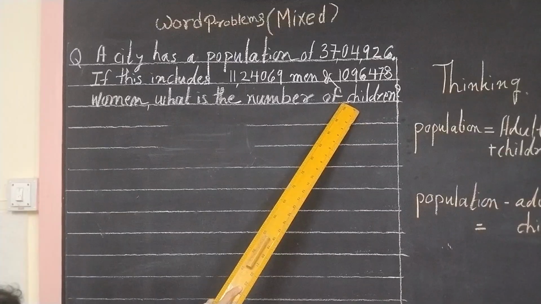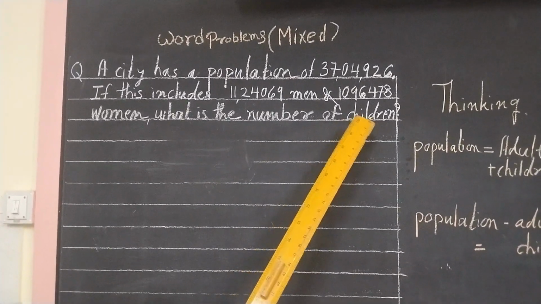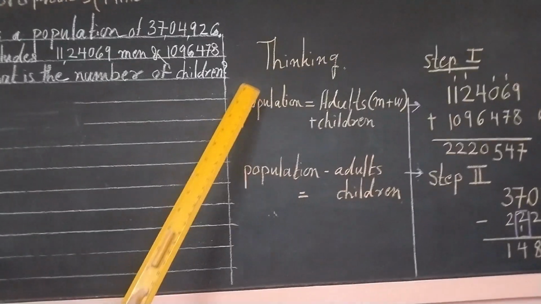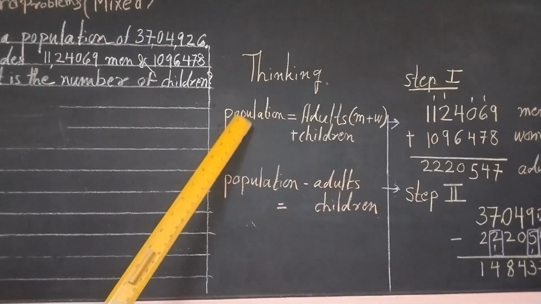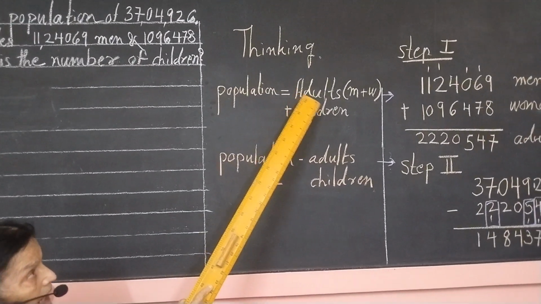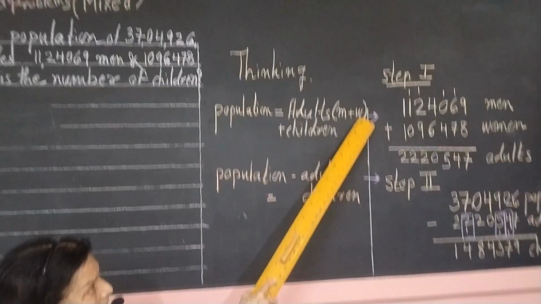Now this is a mixed problem and it requires thinking. For example, thinking should go on this line. Population means adults plus children. And in adults, there are men as well as women.